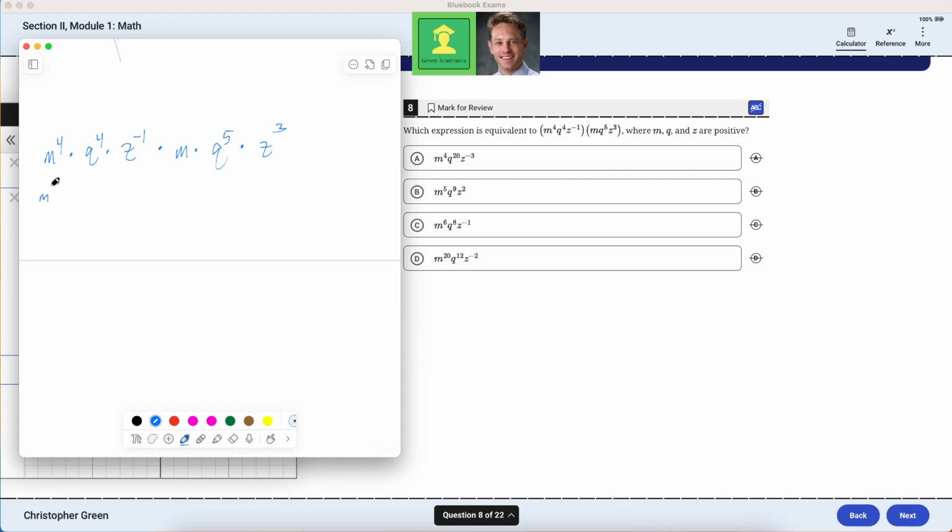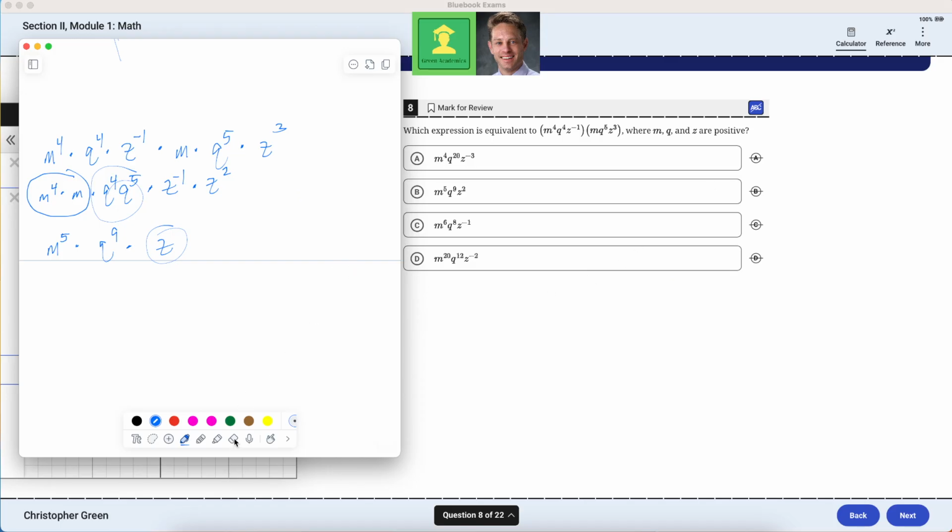And you could switch the order because multiplication is commutative. And then in any situation where you have a base to a power and a base to another power, you add the powers. This becomes m to the 5, and then q to the 9, and z to the 1.